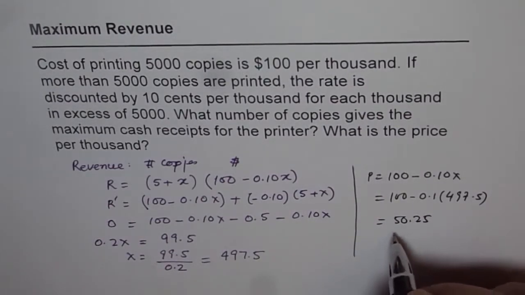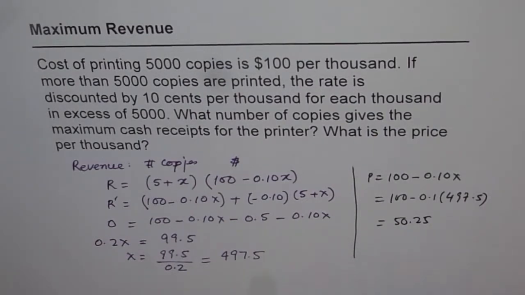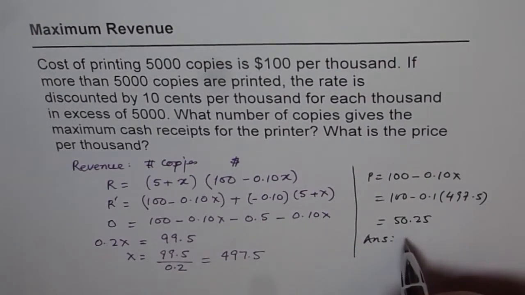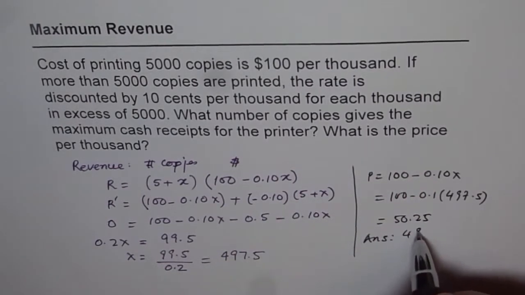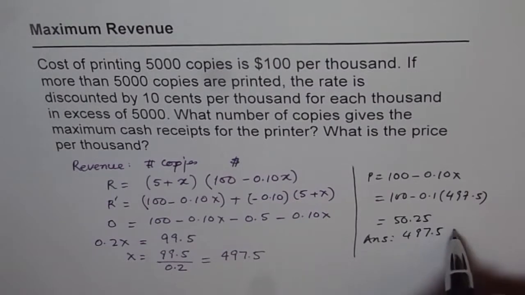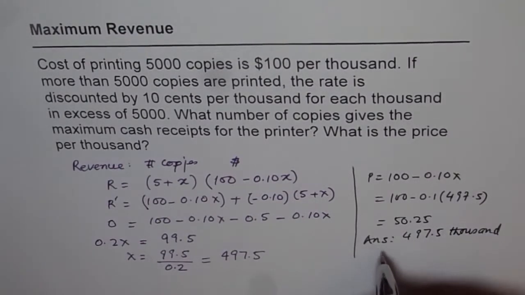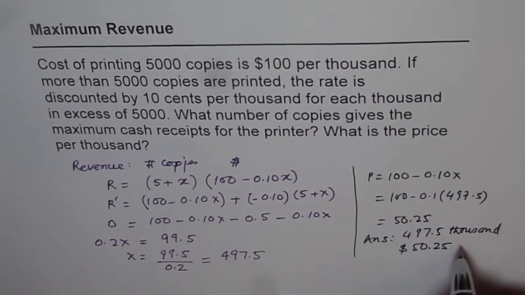So that is the price per thousand, right? So we can write down our answer: number of copies is 497.5 thousand, and the price per thousand is $50.25 per thousand.